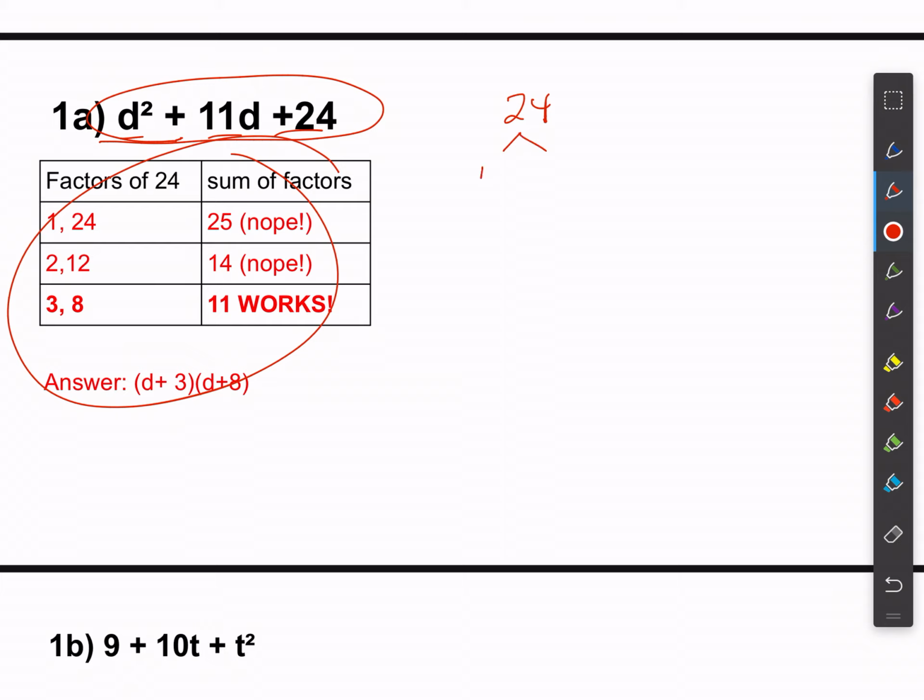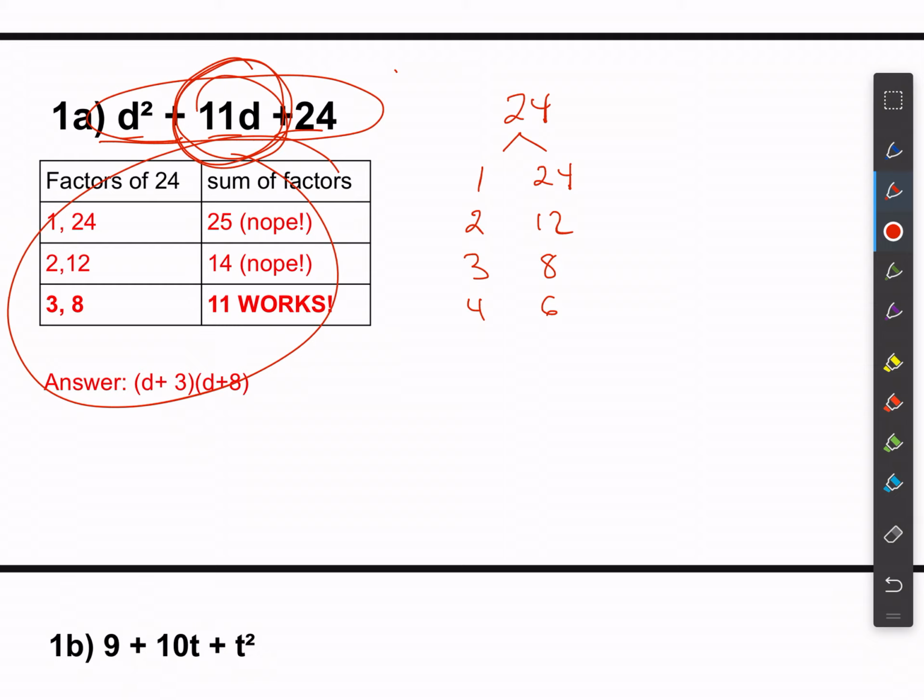I can start with 1. 1 times 24 gives me 24. 2 times 12 gives me 24. 3 times 8 gives me 24. 4 times 6 gives me 24, and I believe that's all of them. In this case, we are looking for two things that add to give me 11, because 11 is my middle term.